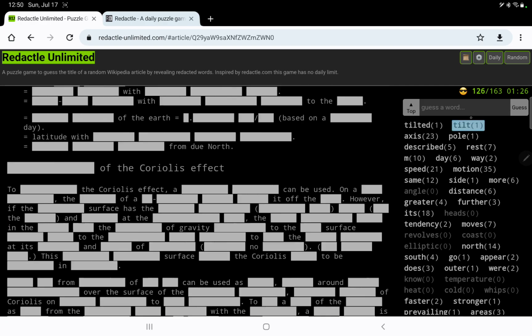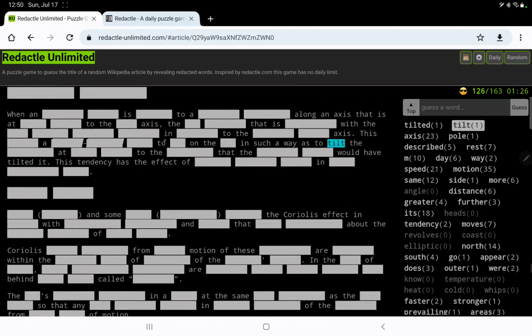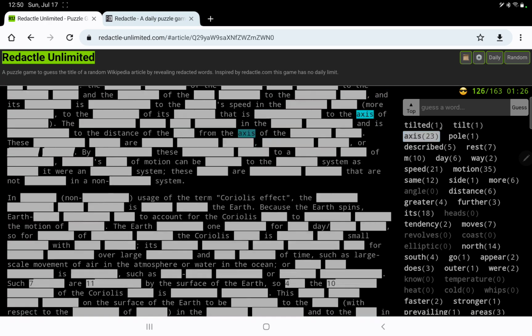I'm a little bit tilted. To something on this. Something in such a way as to tilt the something. Okay. This tendency has the effect of, okay. We did get a lot of axis.